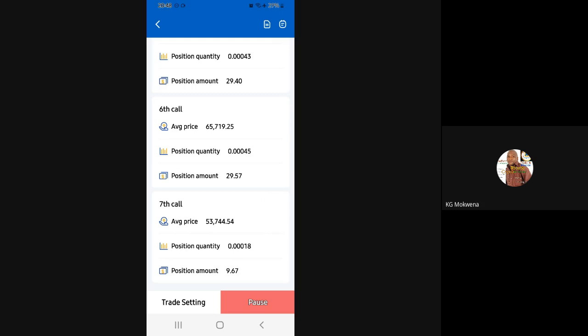And this one, always, it will be around $10. $10 is what we're going to be working with for this account because it's a smaller account. And this is what is going to be happening through and through. So which means there's going to be activity always. We know moments where we can collect a bigger profit.